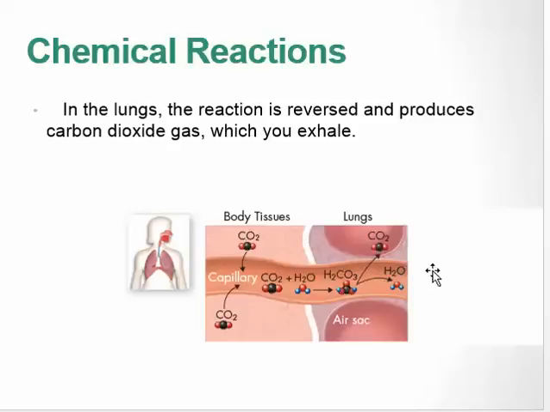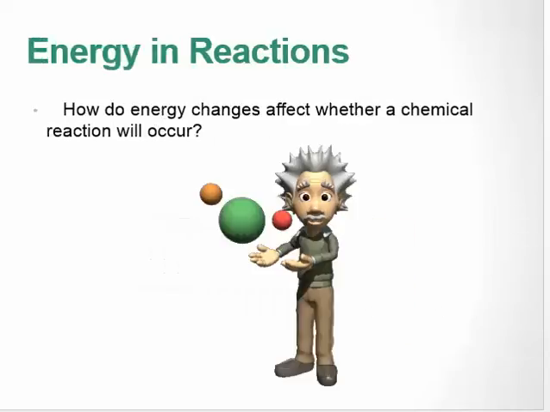Now, obviously, if there's a buildup of carbonic acid in your blood, we don't want that, and your pH would get too low, and then you could start feeling sick. So this reaction has to occur in order for the carbon dioxide to be released.